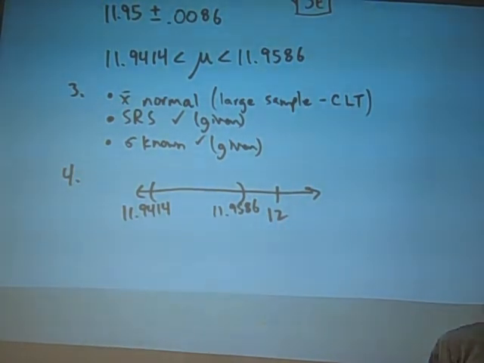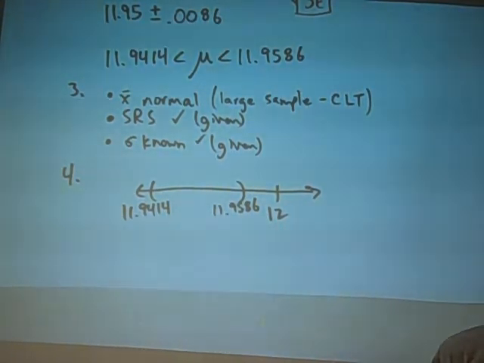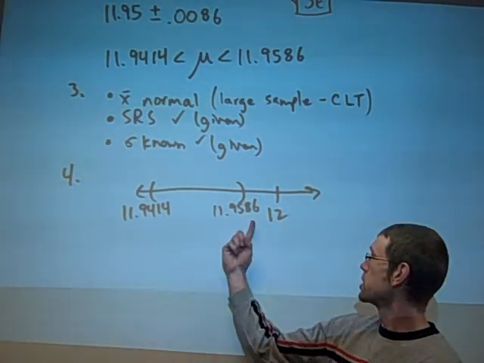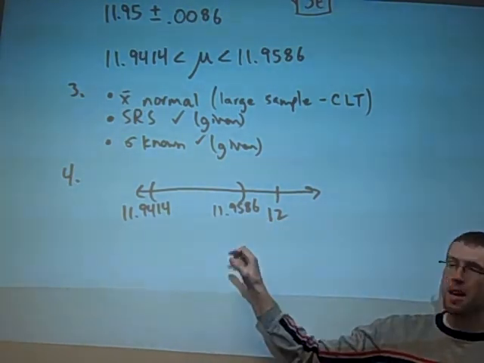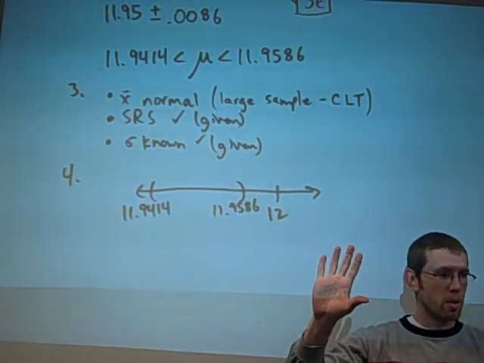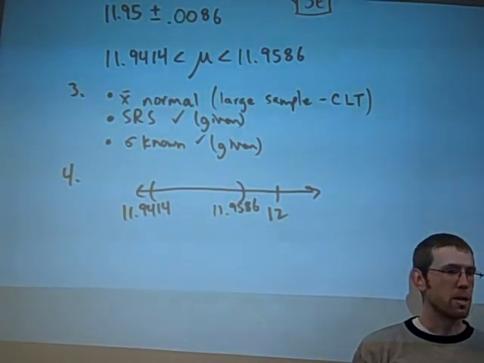What did I call this 12 yesterday? Remember I called this a mu claim. So the company says, our soda cans, on average, we put 12 ounces in those things. That's what the company's claiming.